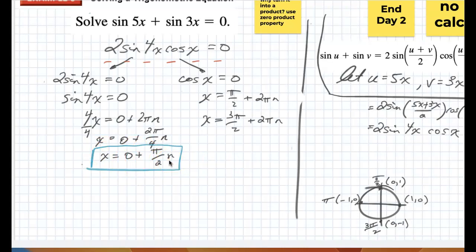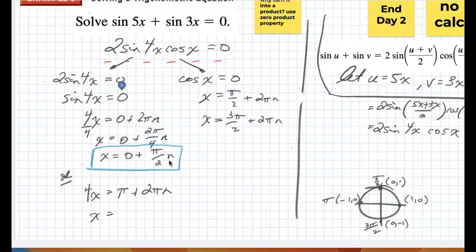And then, as I said before, we also could solve where 4x equals pi plus 2 pi n. Because what happened there? Because I took the inverse sine of 0, that's where this 0 came from, and that's where this pi came from. Right? Because that's an angle where the sine ratio is 0. That was our original equation up here.